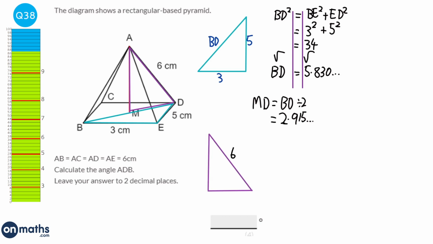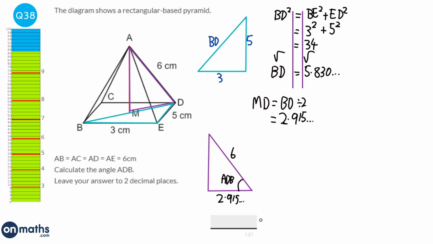Okay, so we've got 6 centimeters down the hypotenuse, and we've got 2.915 and so on down the bottom, and we're looking for angle ADB. So it's ADM or ADB, which is this one here, and ADB and ADM will be exactly the same because you can see that B and M are the same angle from D.